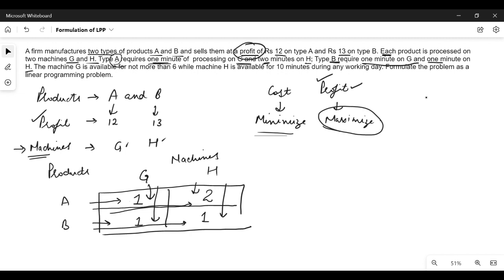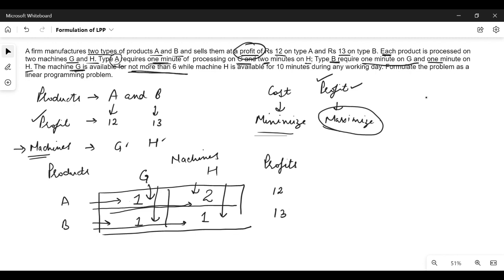And the next thing is profits are given. Profits are given for product A and B. So I will write here profit. Profit is 12 for type A and 13 for type B. And the last step is that machine G is available for not more than 6 minutes.